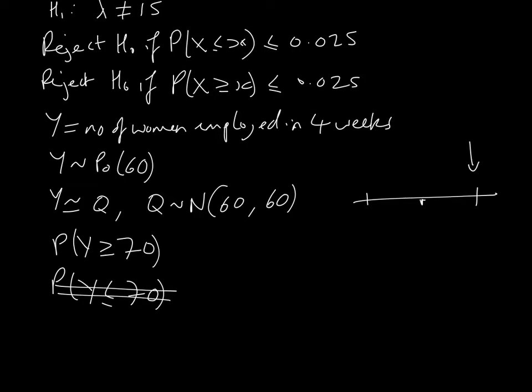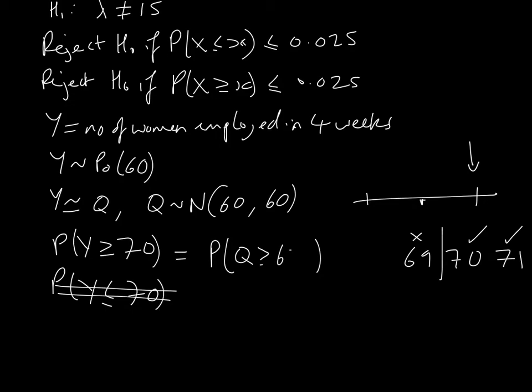So looking at where Y is greater than or equal to 70, we say Q is greater than or equal to, well, we need to do a continuity correction. So the numbers either side of 70, we want 70, we want 71, we don't want 69. So the boundary there is 69.5.